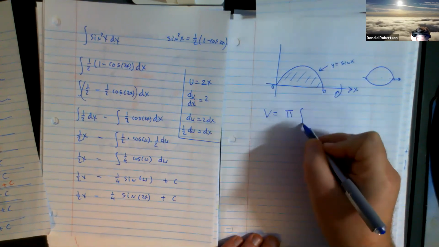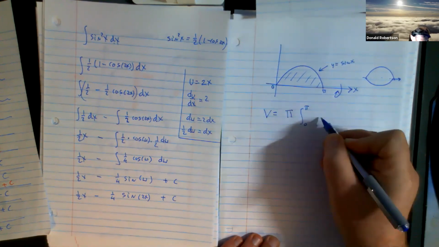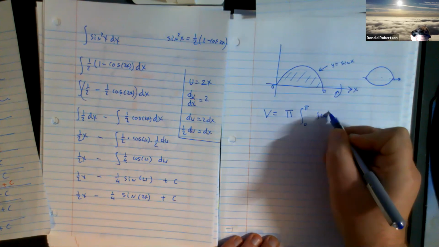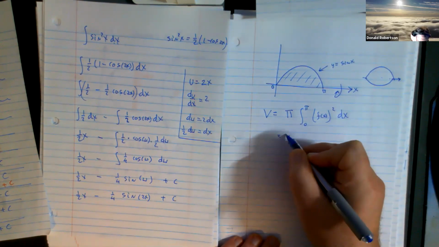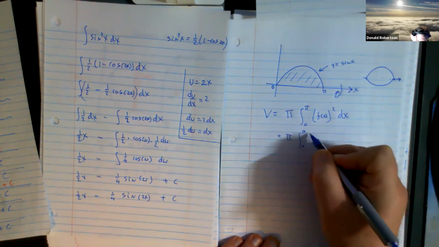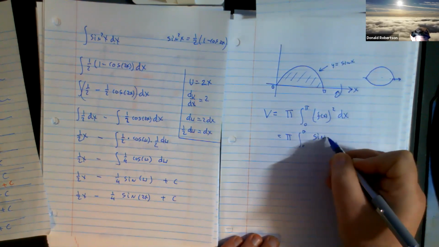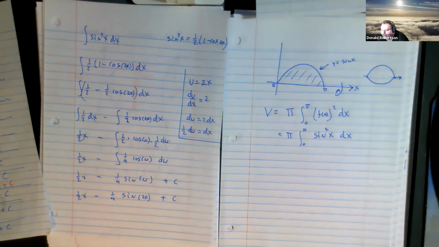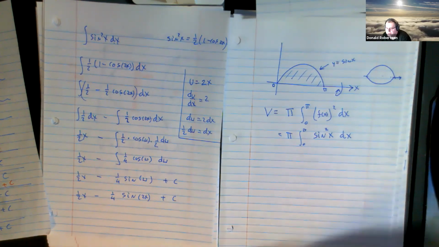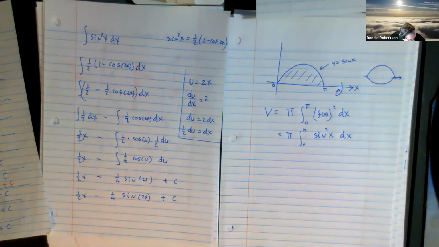So let's find the volume. Pi, the integral from start to finish, of f of x squared dx. Now, if you take sine x and you square it, don't you call it sine squared x? Right, sine x times itself is called sine squared x.